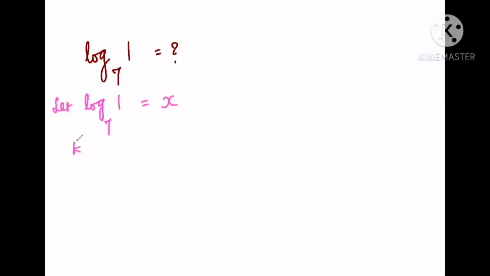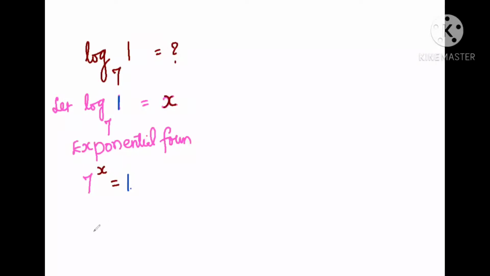Now the exponential form. 7 to the power of x is equal to the given number 1. Now we cannot make the bases equal by prime factorizing, because 7 is already a prime number, we cannot prime factorize it.